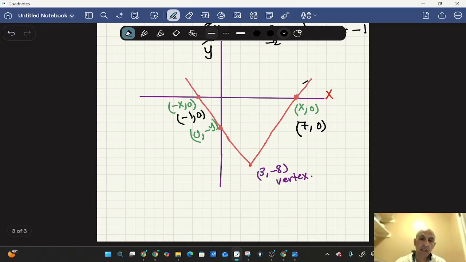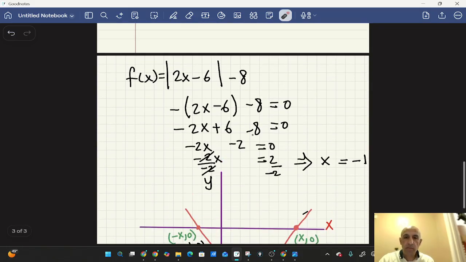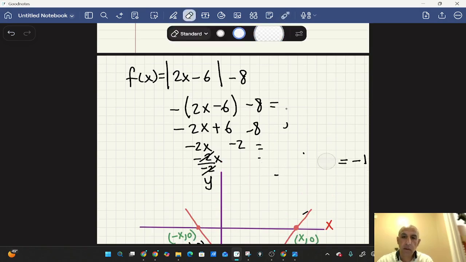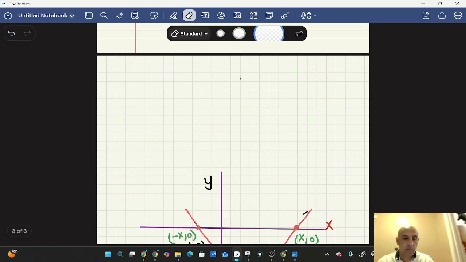This point is when x is equal to 0. Let's start with this one. We will try now to find the value as x equals 0.